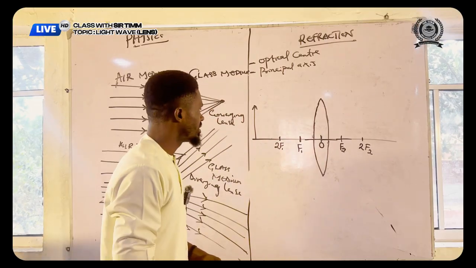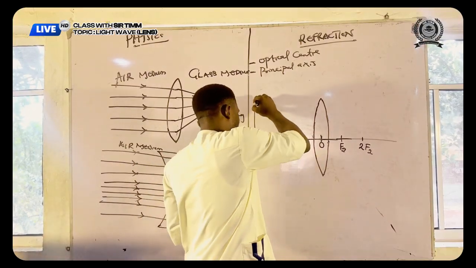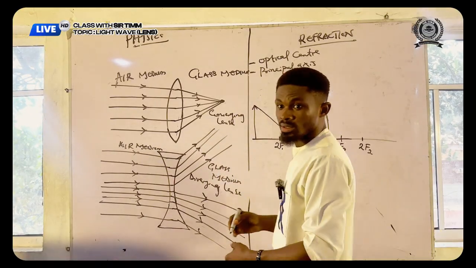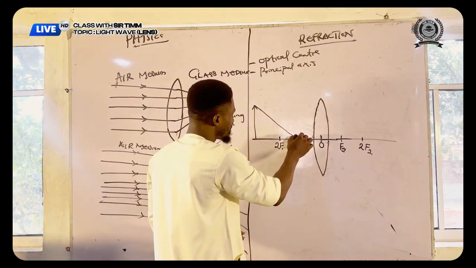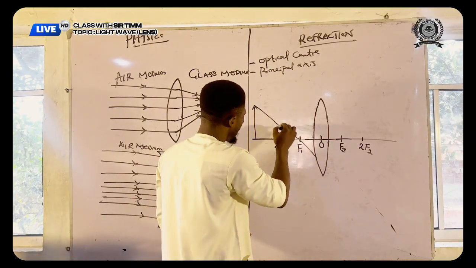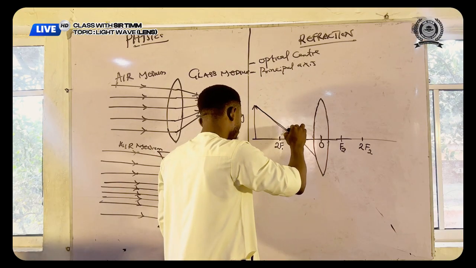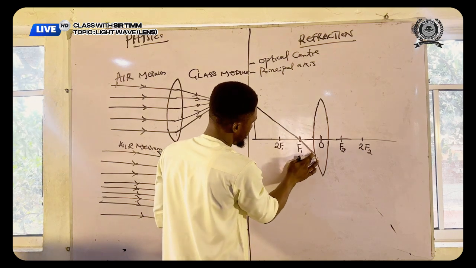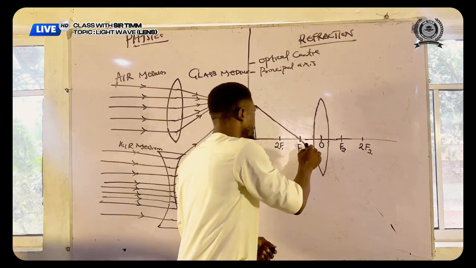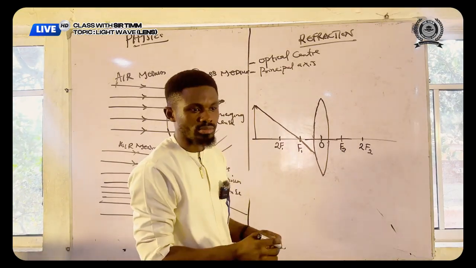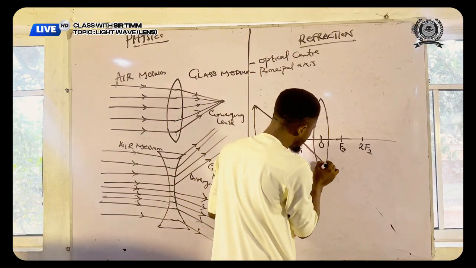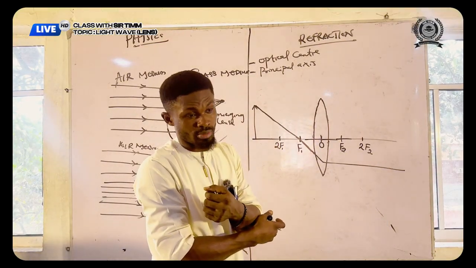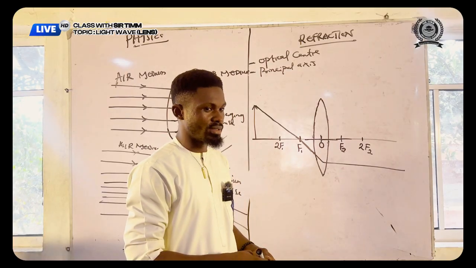So if this ray is passing through the principal focus, after refraction, we will pass parallel with the principal axis on the other side.